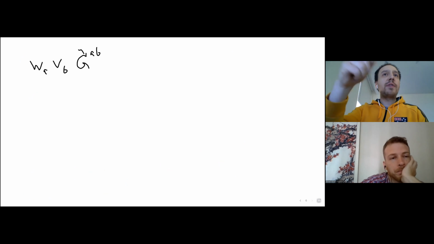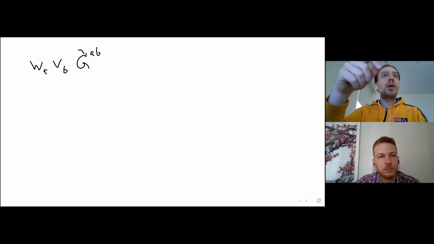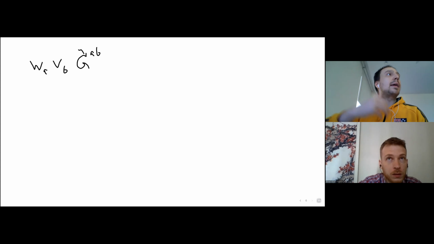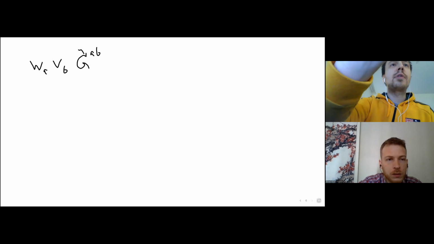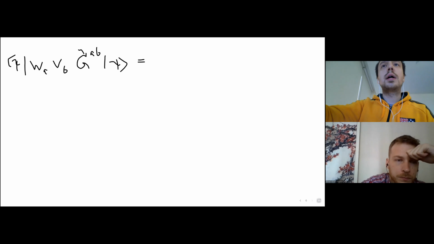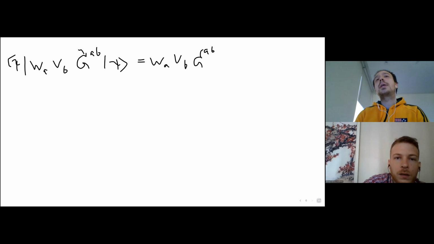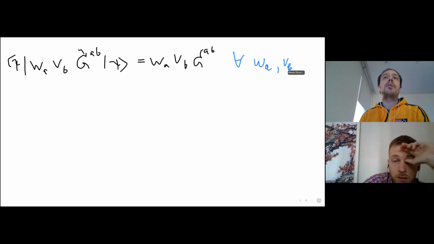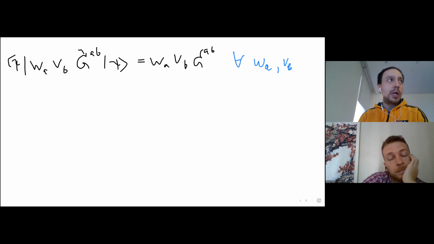And from the fact that G is a Hermitian operator, this contraction will of course still be Hermitian, and therefore this will give you a real number every time that you contract that for arbitrary W and V. Then this becomes equal to WA VB GAB, and it follows from the fact that the operator is Hermitian for arbitrary W and V, that this bilinear form G is therefore itself a real bilinear form.